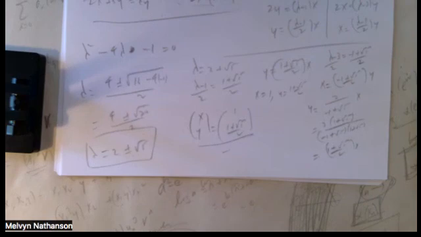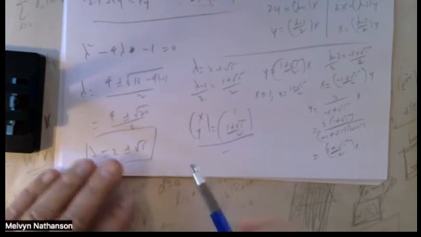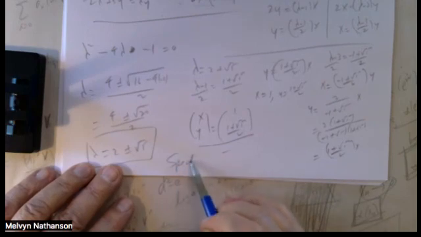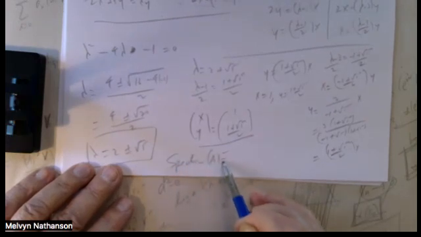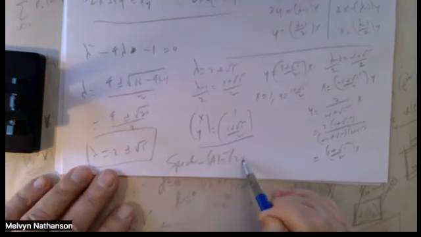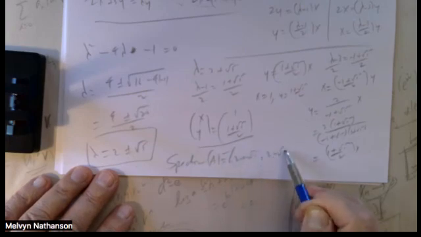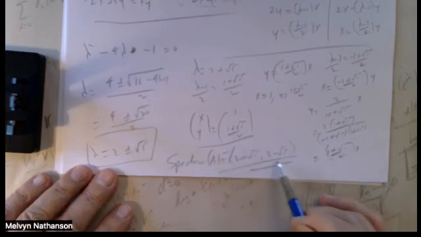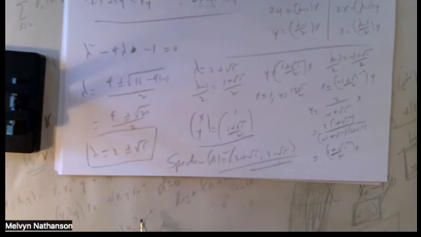So the spectrum of this matrix A consists of 2 plus root 5 and 2 minus root 5. Those are the eigenvalues for this linear operator.